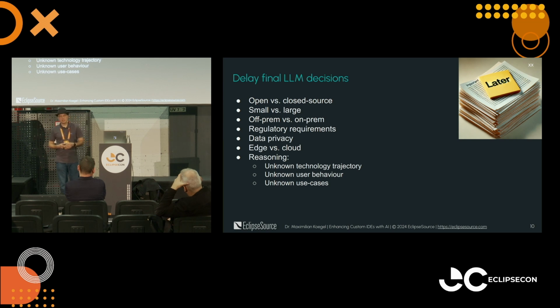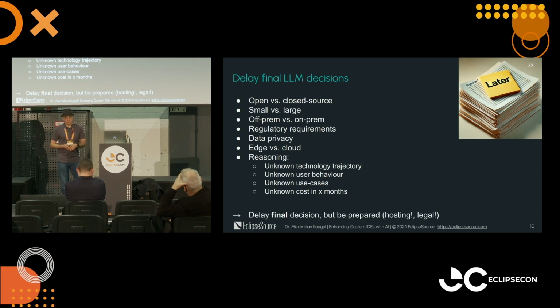So just deciding on an LLM up front at the project start doesn't seem to make any sense. And of course, you don't know the cost. So if you make some LLM decisions based on cost, that changes rapidly. What you should do is be prepared. You should think about where we are going to host that and what the legal implications are, so that you have some ideas of what the decision criteria will be when you actually need to make the final decision.